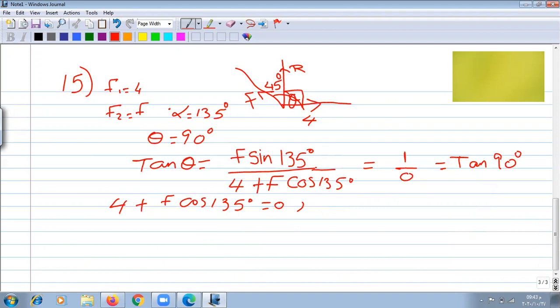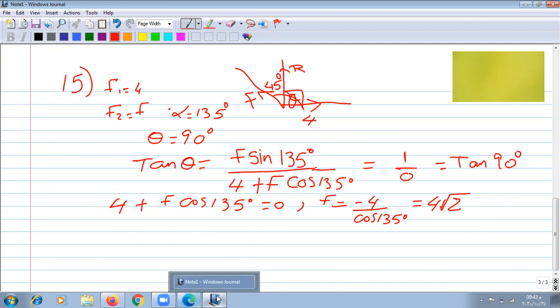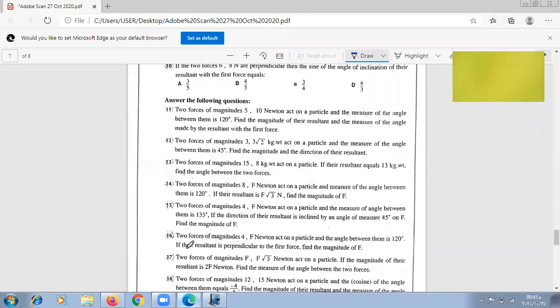F equals negative 4 over cosine 135, which will be equal to 4 root 2. Don't forget to write the unit of measuring the force, which is Newton.